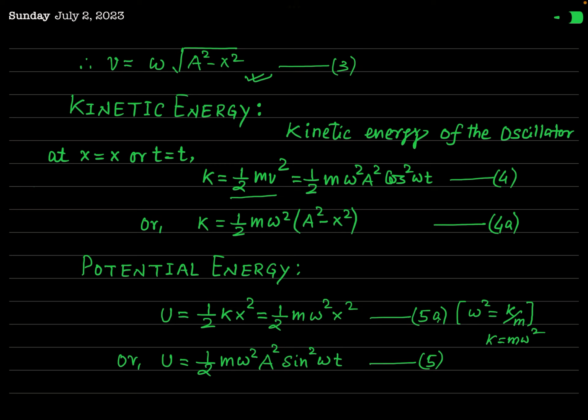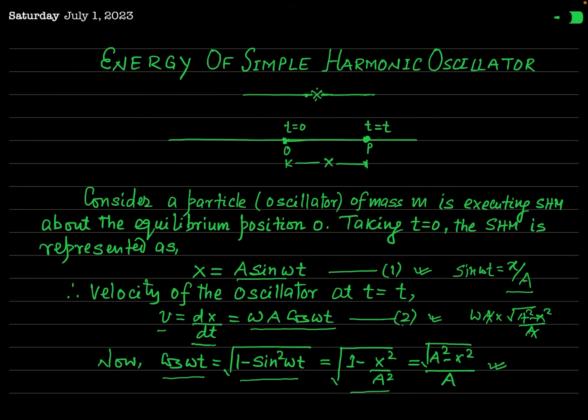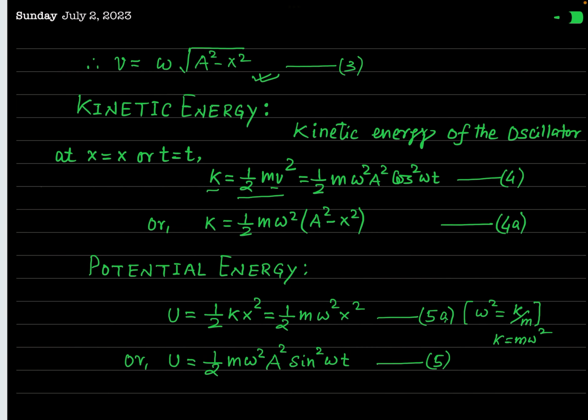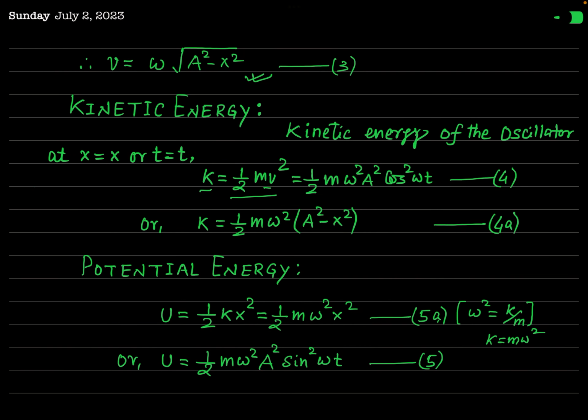And if your aim is to find this kinetic energy of the oscillator as a function of time, you should replace this v which you have obtained as a function of time here. This is omega a cos omega t. So kinetic energy at time t will be half m omega square a square cos square omega t. This is the expression for the kinetic energy of the oscillator as a function of time.